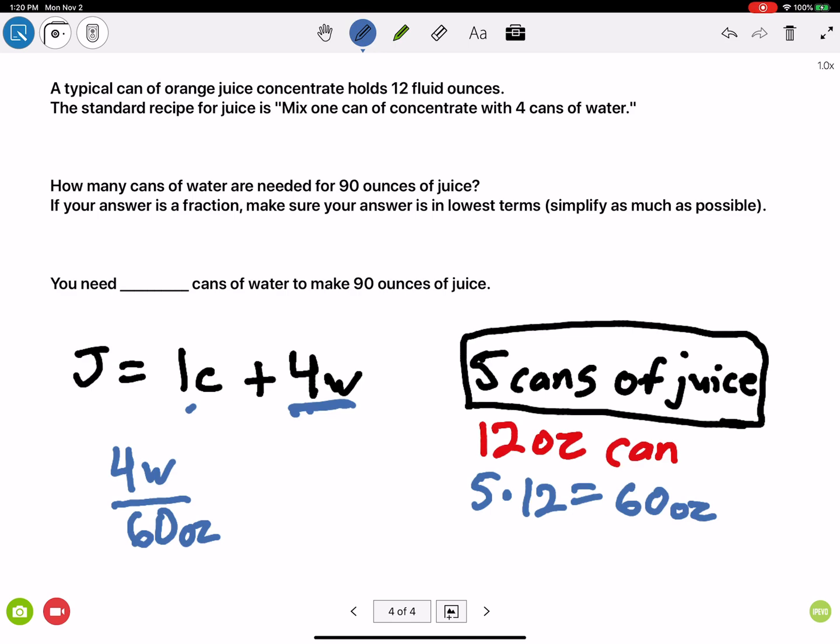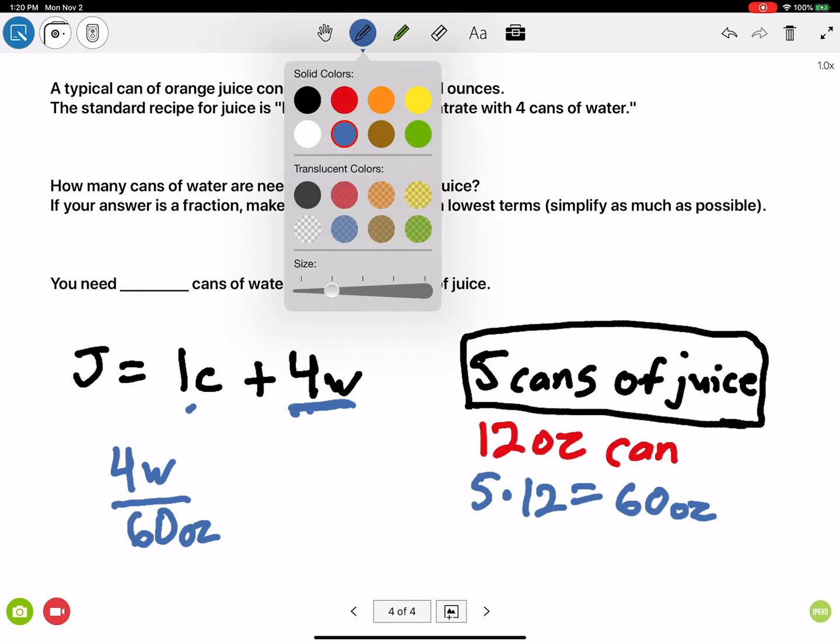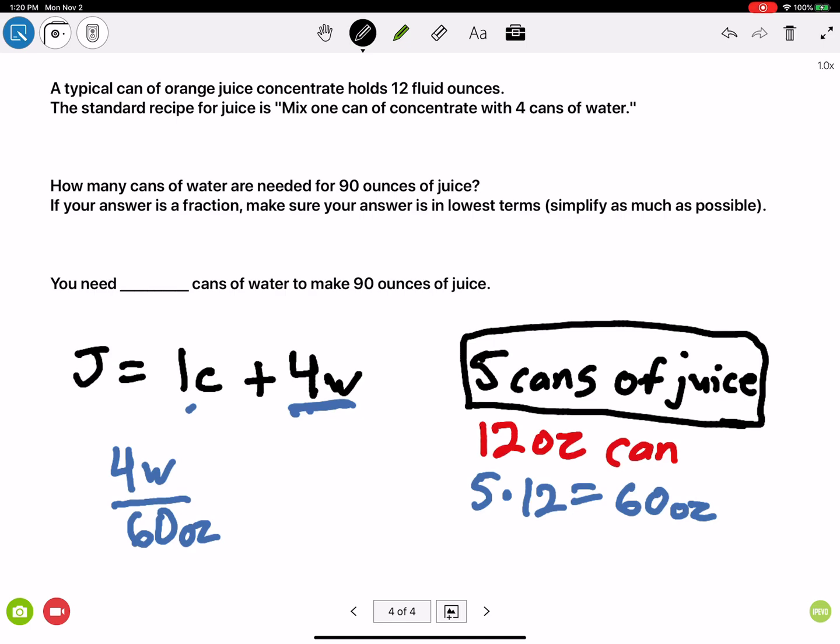So what this ratio now says is I have 4 cans of water over 60 ounces of juice. This is my part. This part involves the water. This whole of 60 involves the whole thing.